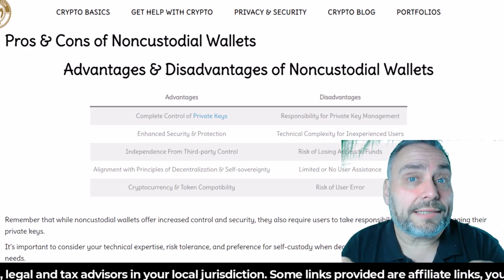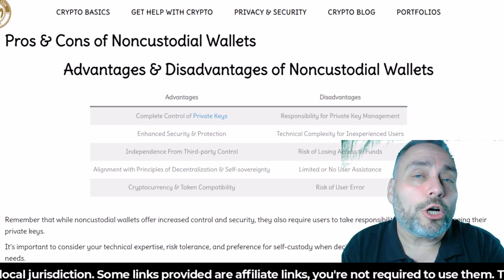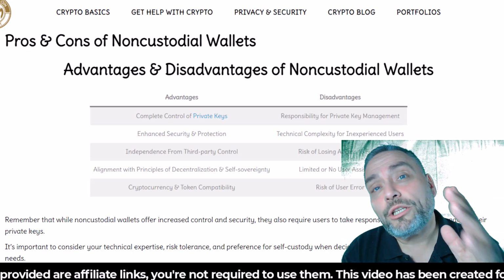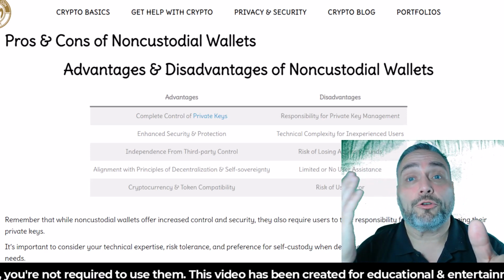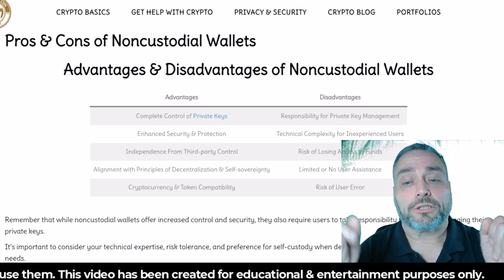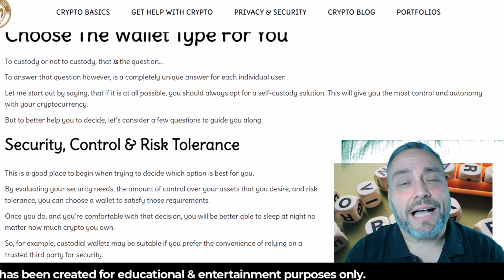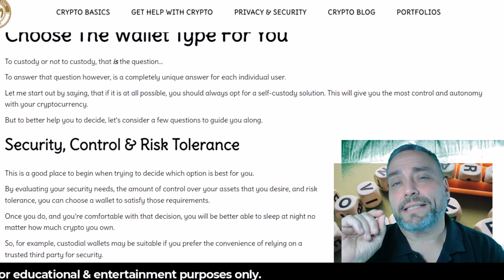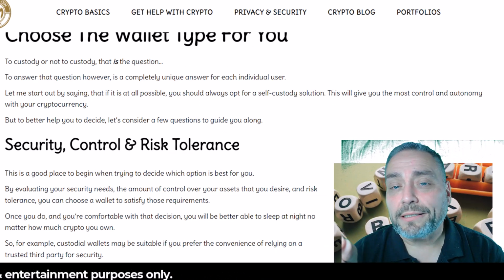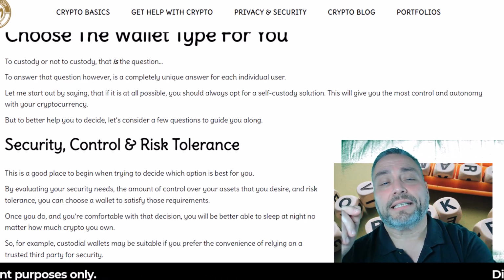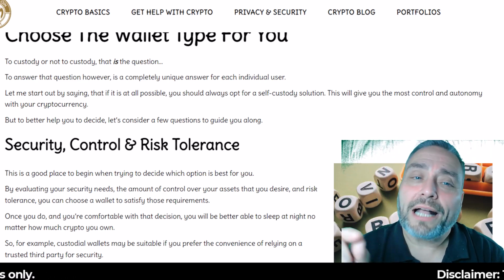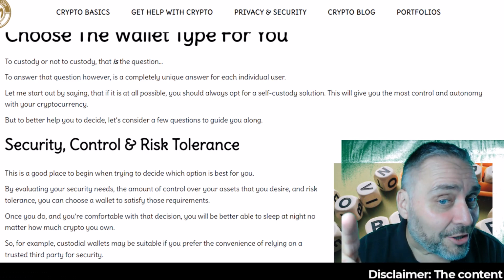All right, let's get this thing moving on and take a look at some considerations when you're trying to figure out if it's better for you to use a custodial or a non-custodial wallet. You have to decide what level of risk you're willing to take with your cryptocurrency. Because as I list here in the first sentence, to custody or not to custody, that is the question.